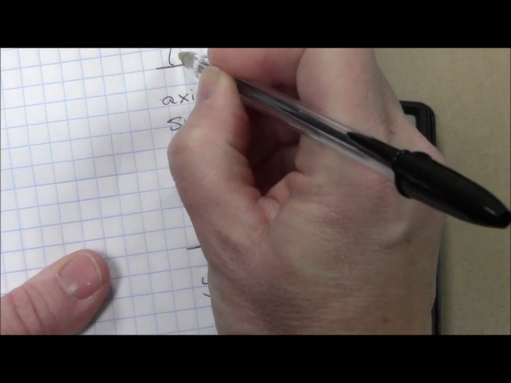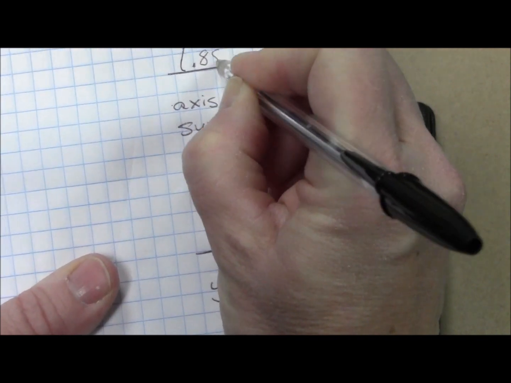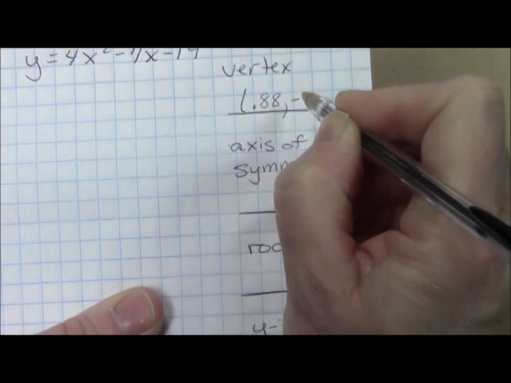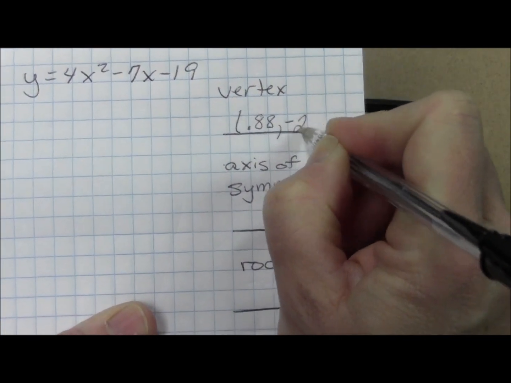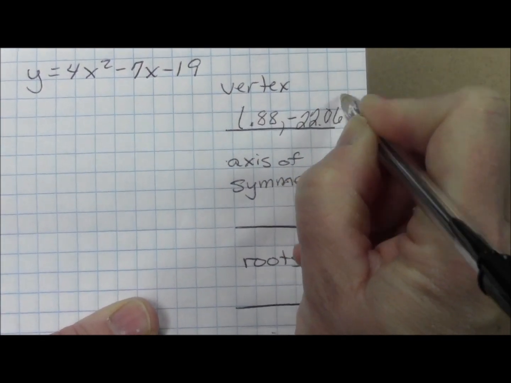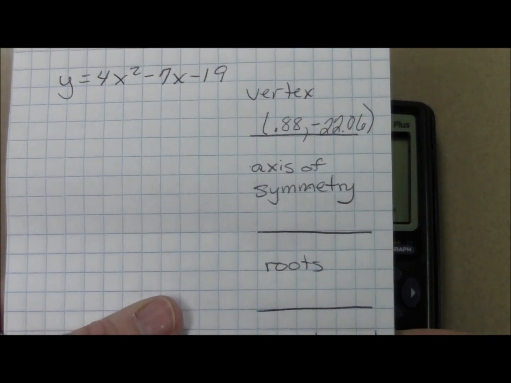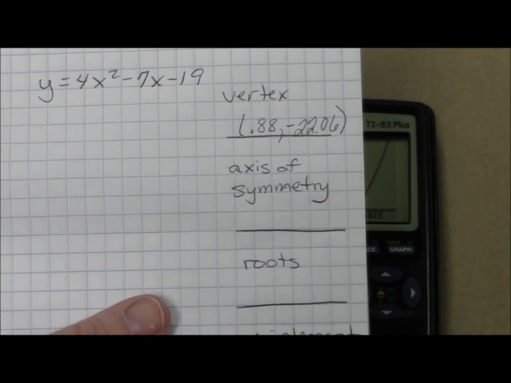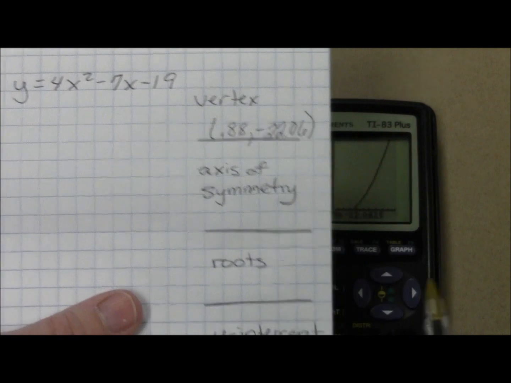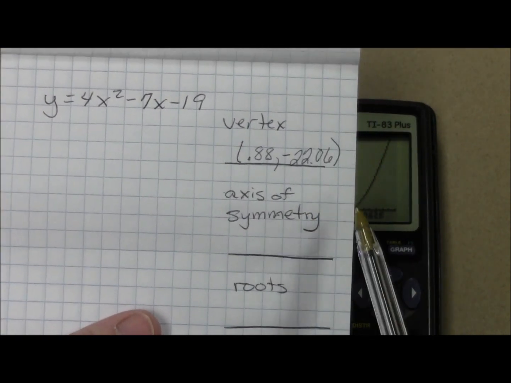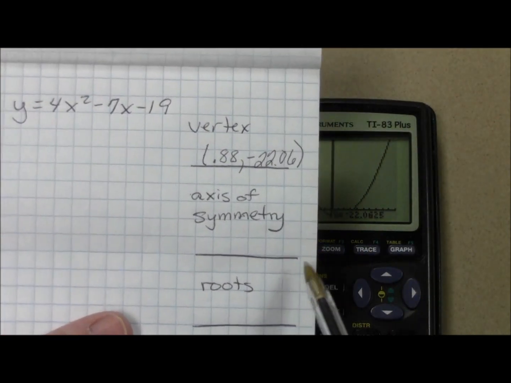So let's do this. 0.88 and negative 22.06. Alright, so we have a vertex point, even though it's not pretty. We still have our vertex point, 0.88 and negative 22.06.